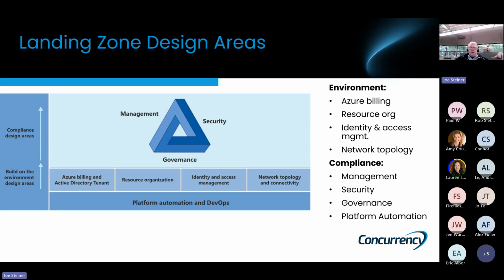And the compliance design side will have the management plane, the security plane, broader governance. This is both in terms of ties into security, but also gets into cost controls. Am I able to manage the costs of Azure across all of these in an effective manner?